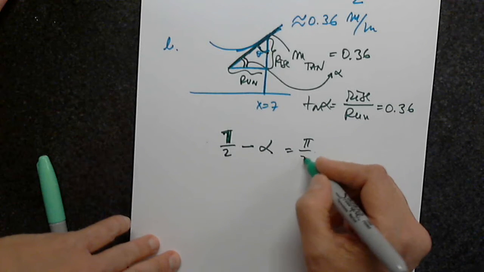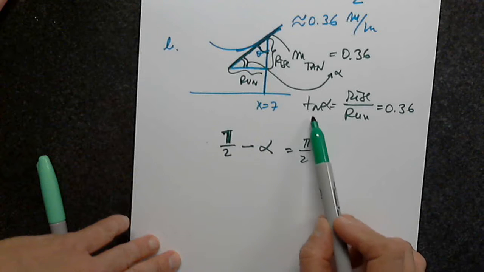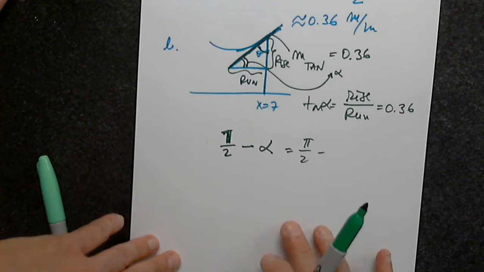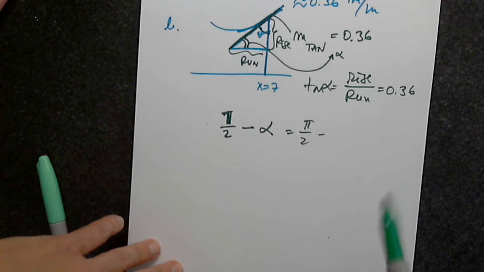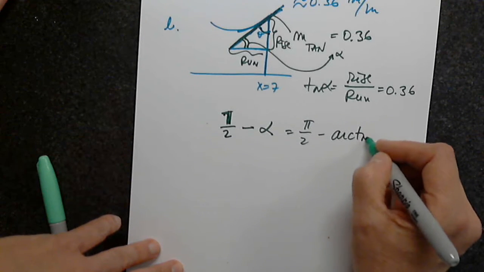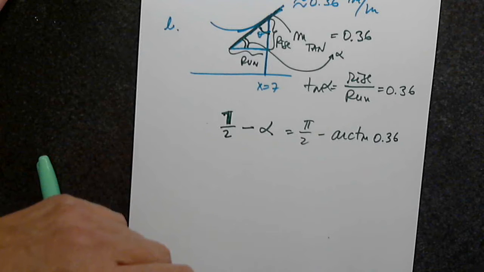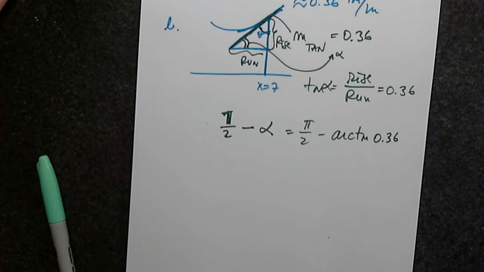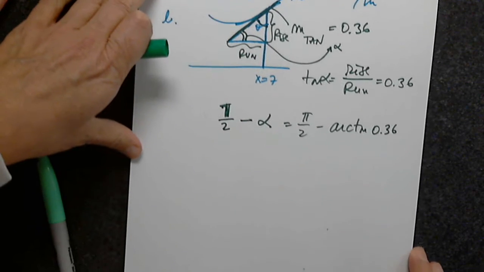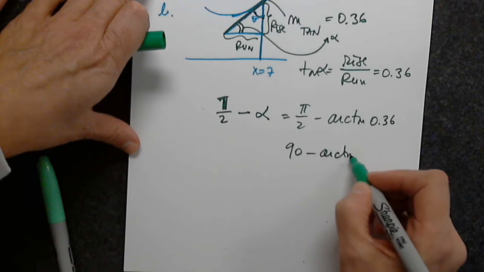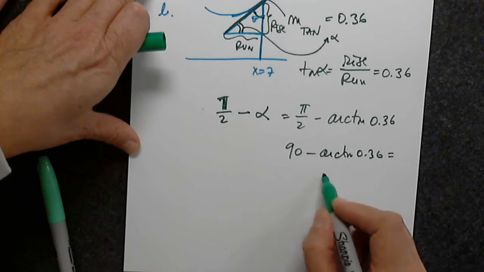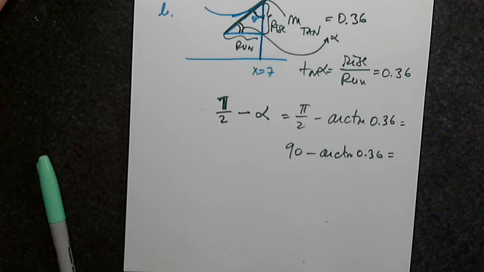How do I determine alpha if I have tangent alpha equals 0.36? Arctangent, very good. Arctangent 0.36. And that will give us the angle in radians. You can say, I don't want the angle in radians, I want the angle in degrees. That's fine too. So you have 90 minus arctangent 0.36, and this will be in degrees, and the other will be in radians.